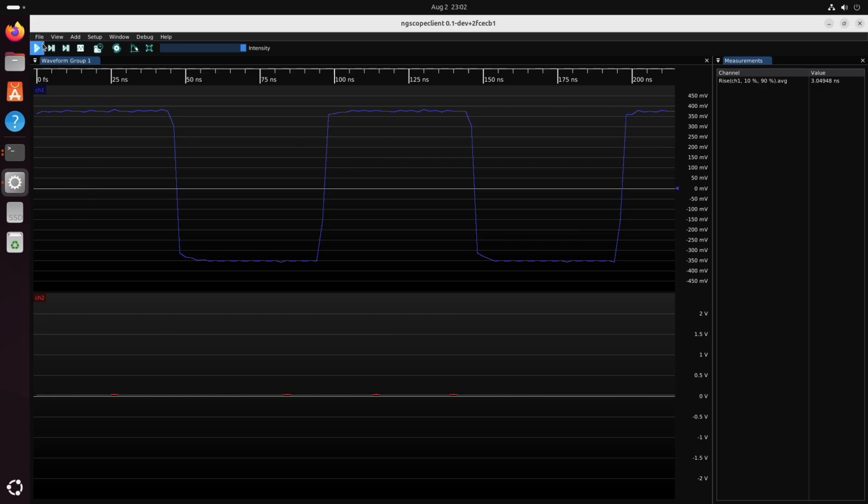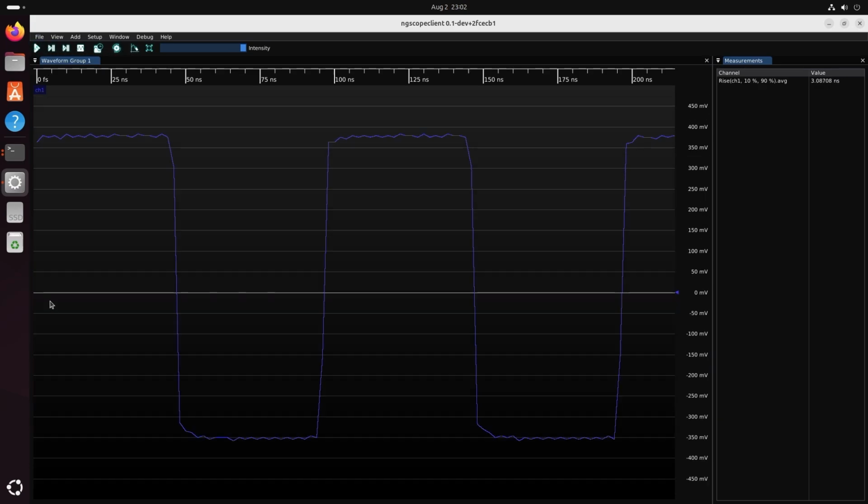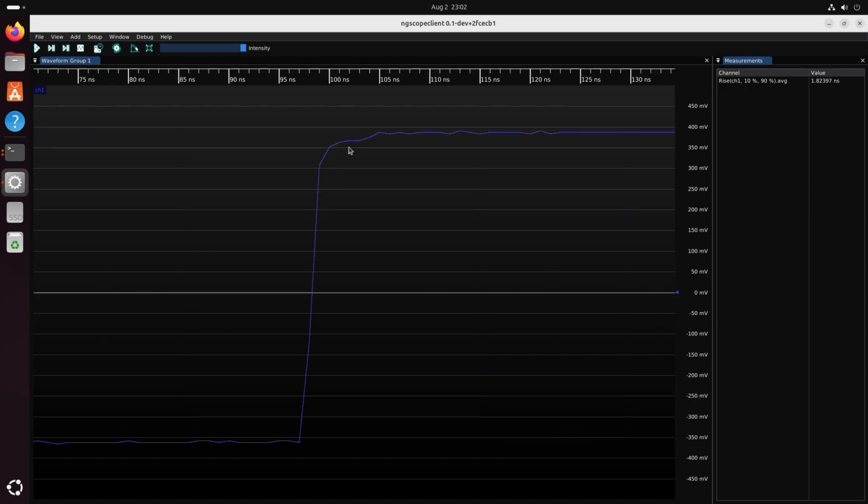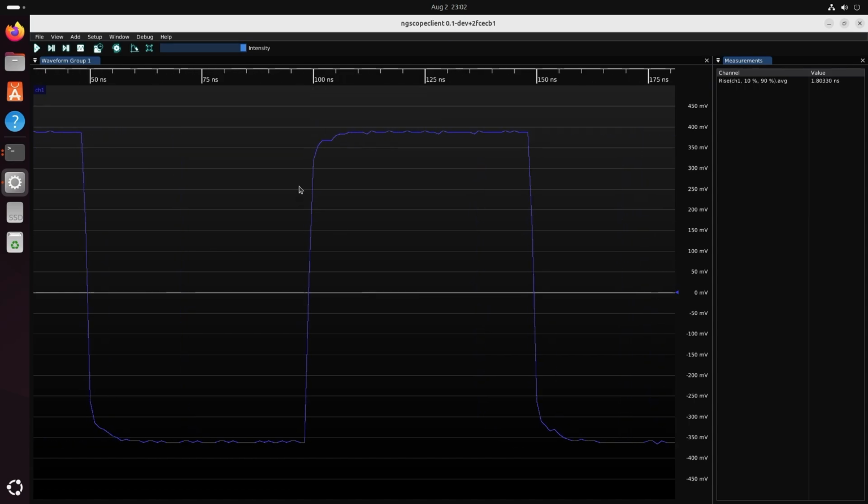Okay, let's try single channel mode. There we go. That's nice. So you can see the response a little bit there. That's a nice critically damped response. Yeah, that looks good to me. And now we actually are consistently getting a rise time of a sample and a bit.